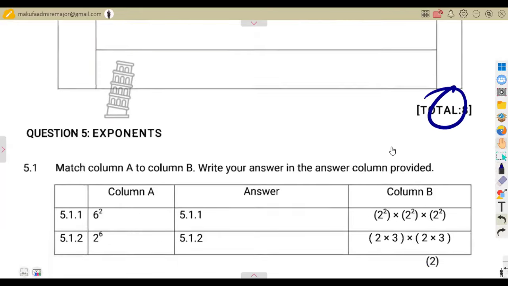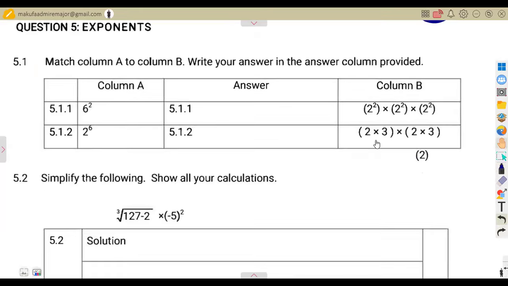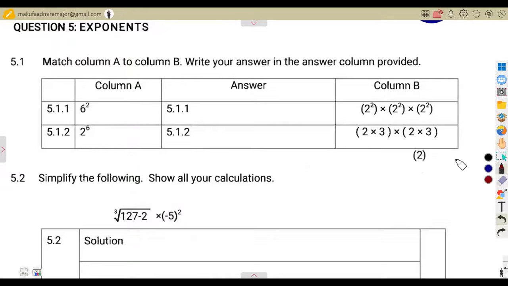Okay, so exponents. On 5, we are given: match column A to column B. You match, that is to say, is this in column A equal to this one?